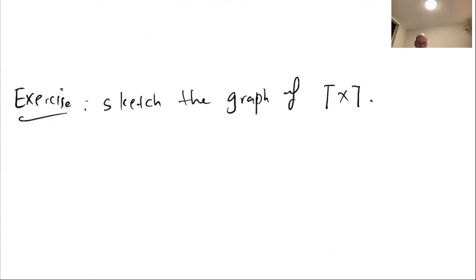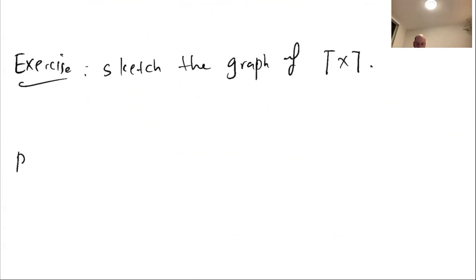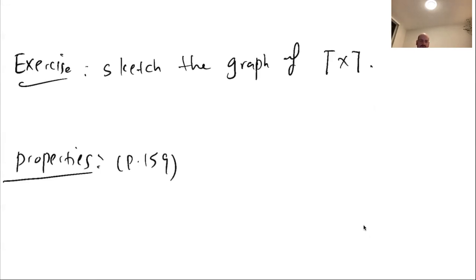Okay, now let's look at some properties of floor and ceiling. The properties are mentioned in your book. So it's in page 159. But let's look at a few of them.